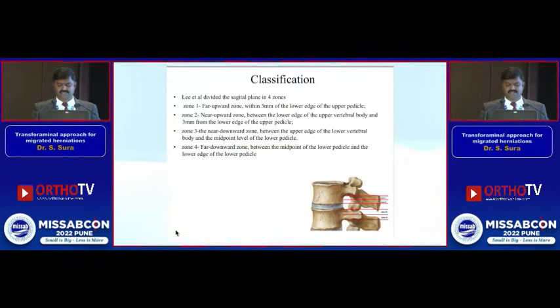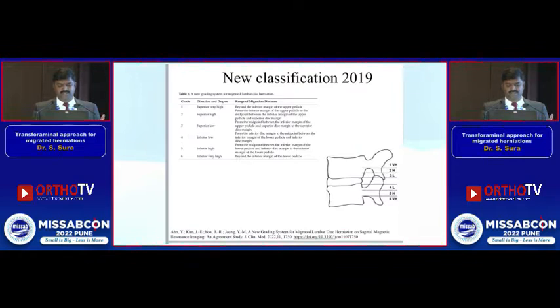The various classifications, again: Lee et al. divided these zones into 4 zones, the upper 2 and lower 2: the far upward, near upward, near downward and far downward zone. And in the latest classification from the Korean group, Engan further added 2 more grades, the superior very high and inferior very low.